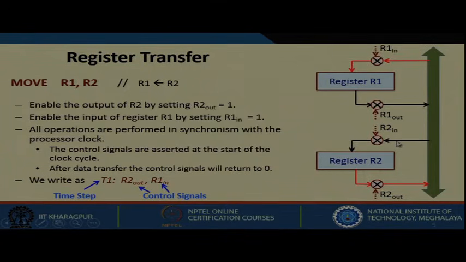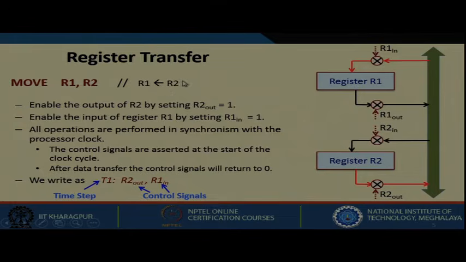Similarly for R2 it is also there. For the register transfer, move R1, R2, that means the content of R2 should be available in R1. What needs to be done?